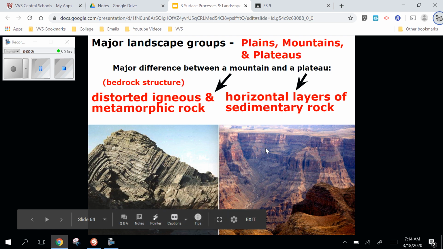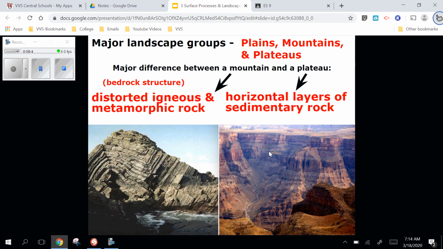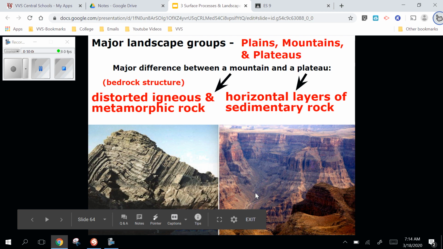Also, these horizontal layers are predominantly sedimentary. We're not getting a lot of igneous and metamorphic. These weren't caused by uplift. These were caused by a plateau, a high area that was carved down into by water, a river running down through the center of it, carving down into the rock over millions of years. And you can see these sedimentary layers in the wall afterwards.